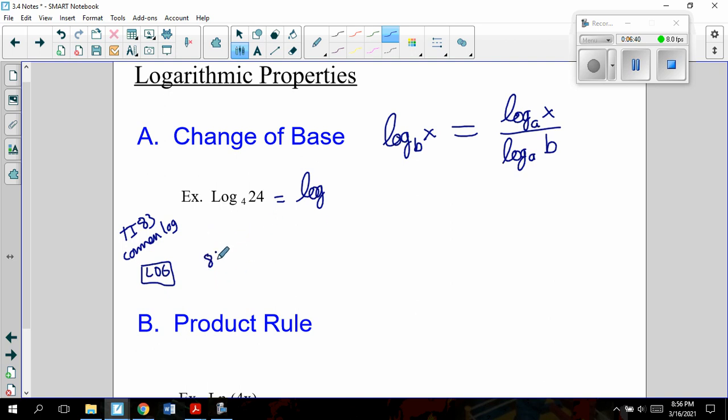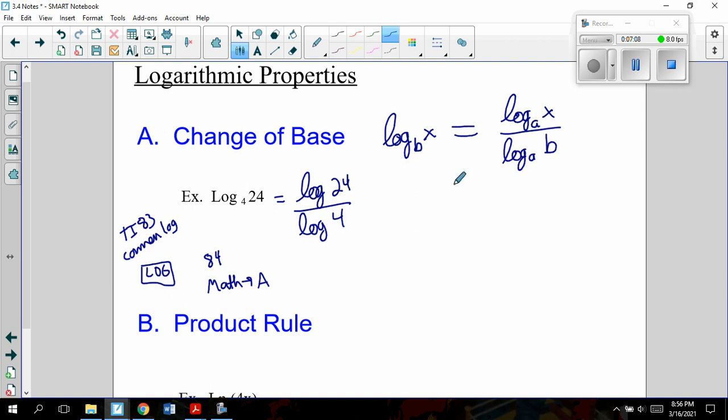So if you have an 84 or up, if you hit math and go down your list or up to A, there's one that says change. It says log base, and the base is all caps. That will change the base for you. If you have an 83, the only way to evaluate this is to do the log of 24 over the log of 4. Now that's changing it to base 10.